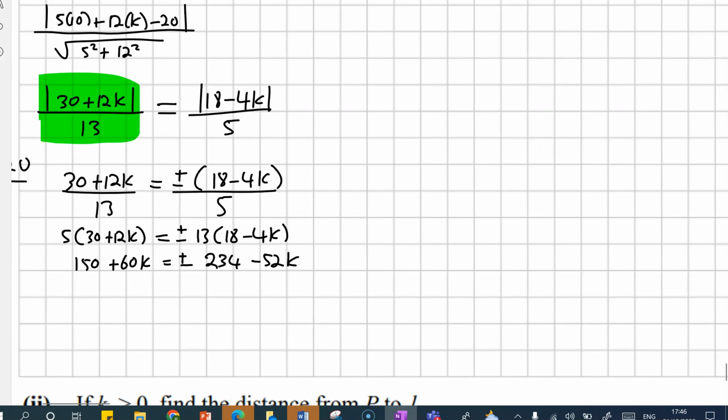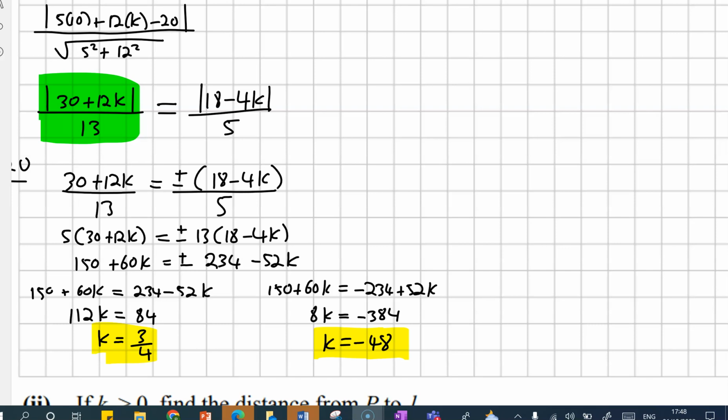Now we break it up into both the positive version and the negative version. So 150 plus 60k is equal to the positive of the right, which is 234 minus 52k. Or alternatively, 150 plus 60k is equal to the negative of the right, so that's negative 234 plus 52k, and then we just solve.